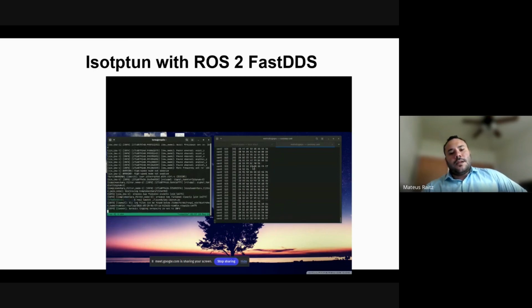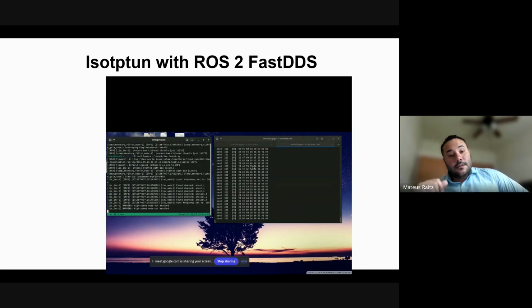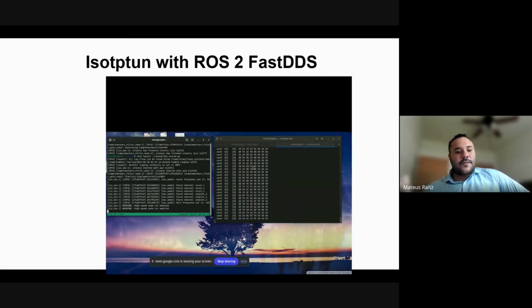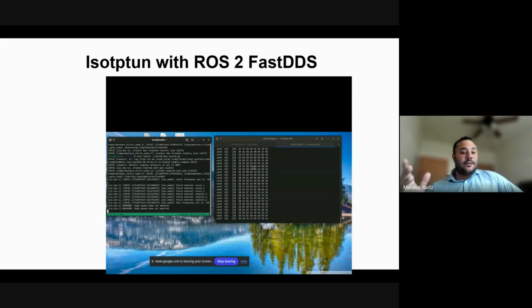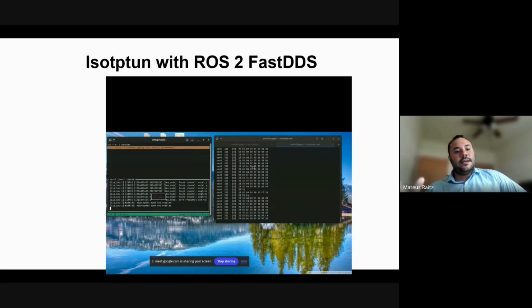There are also some parameters you can set in the ISO-TP tunnel that I didn't really play with, so maybe we can get faster speed. But it's just interesting that you can SCP files, SSH, and use Fast DDS through a CAN network interface with this ISO-TP tunnel package.